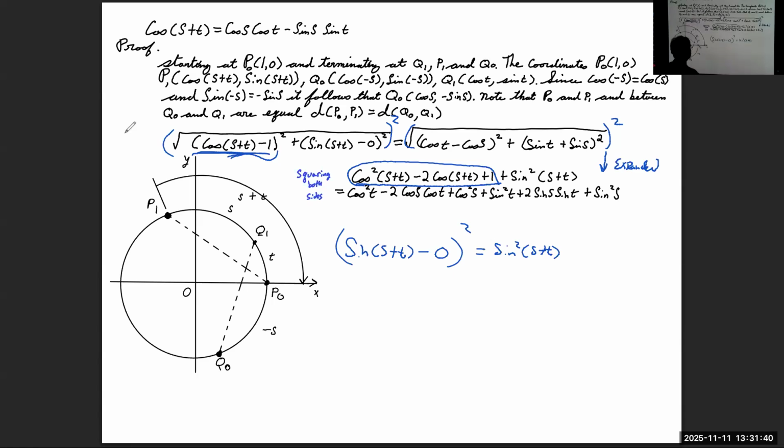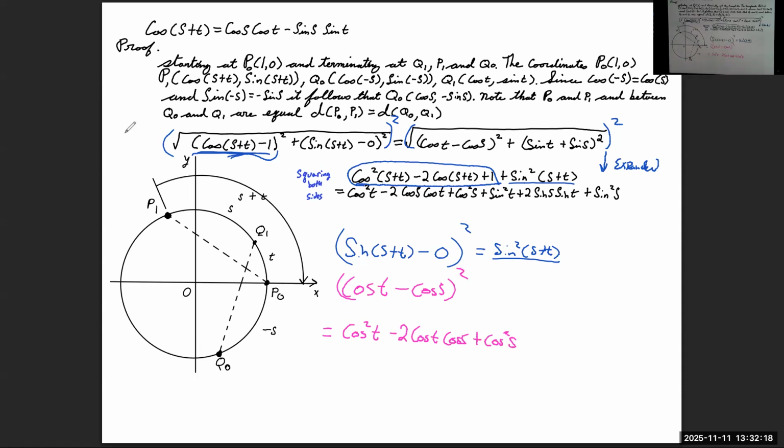So now we have that. All right, so that nearly came for free. That's the left-hand side of the equation. Then we have cosine t minus cosine s squared. Let's change colors. So I have cosine t minus cosine s squared. What's that equal? That's cosine squared t minus 2 cosine t cosine s plus cosine squared s.